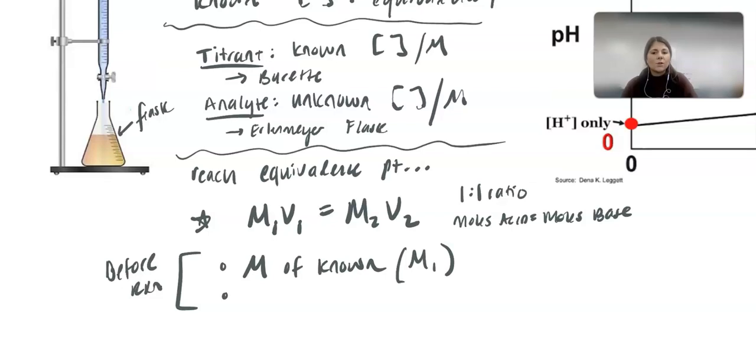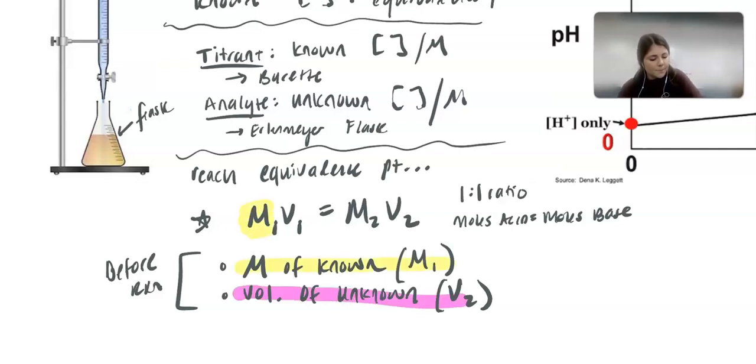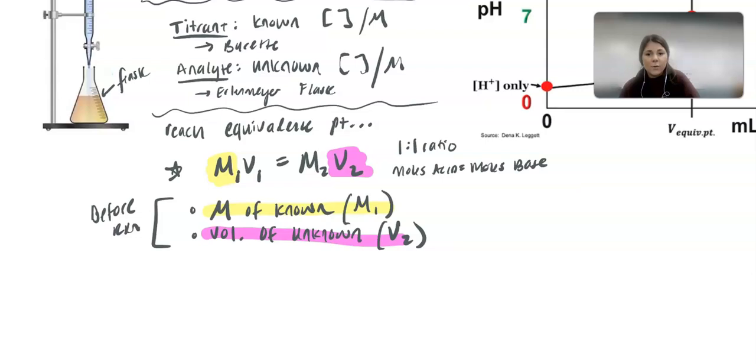Before the reaction occurs, you will know the known concentration, the M1, and you'll also know the volume of unknown, your analyte. So volume 2. And that's because look at the flask. You'll know how much volume you have. So I'm going to highlight some things so we can just see it a little bit better. So then this is before the reaction.